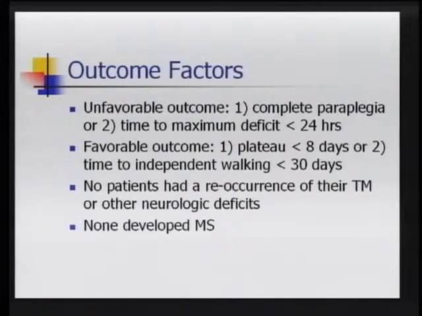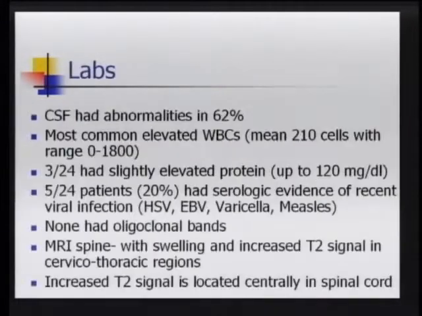The favorable outcome was associated with getting to a nadir in less than 8 days, and then a time to independent walking of less than 30 days. And no patients had a recurrence of their TM or other neurologic deficits. In this study, there were no patients that developed multiple sclerosis.